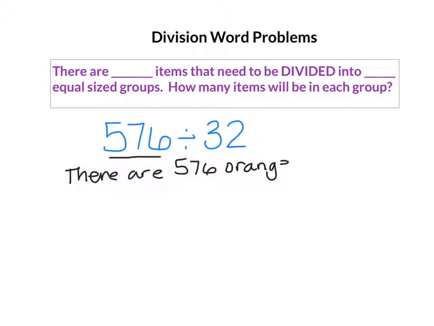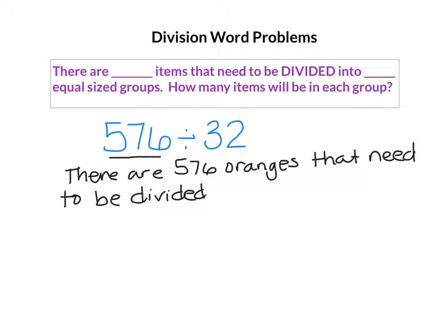Those are my items that need to be divided. You could also use the word split into, and now they're telling you how many equal-sized groups you have. You have 32 groups. So instead of grouping my oranges, I'm actually putting them into bags.